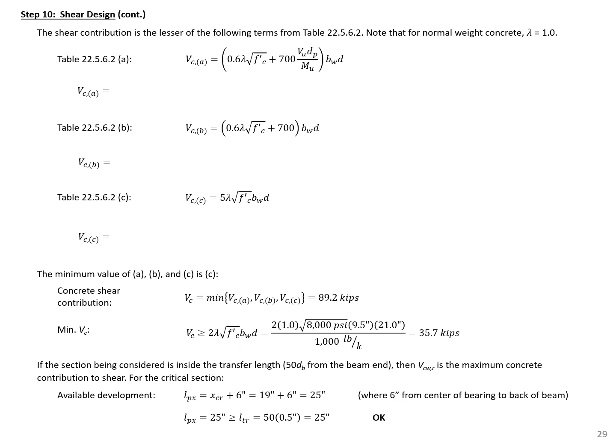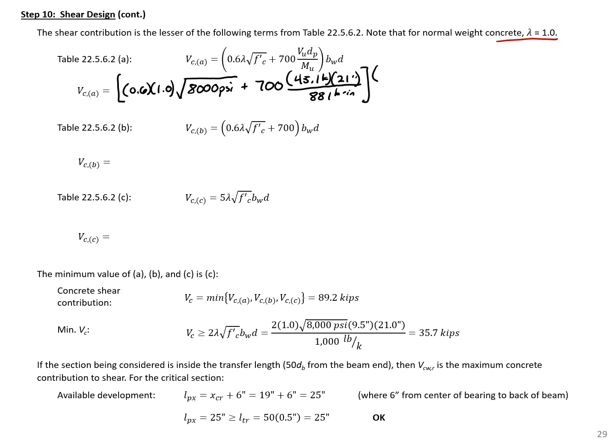Plugging in our numbers, the first component is 0.6 times 1.0, our lambda, since we're assuming normal weight concrete, times the square root of 8,000 psi, plus 700 times 45.1 kips times 21 inches divided by 881 kip-inches.